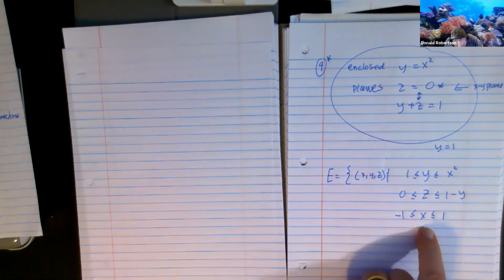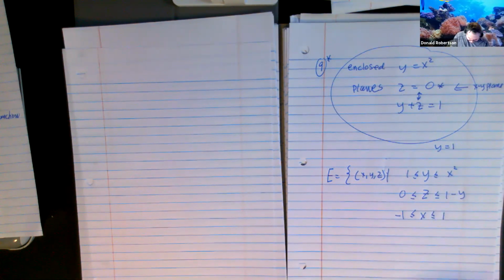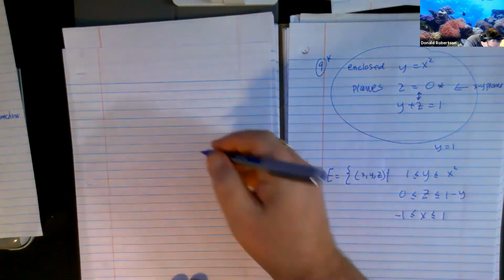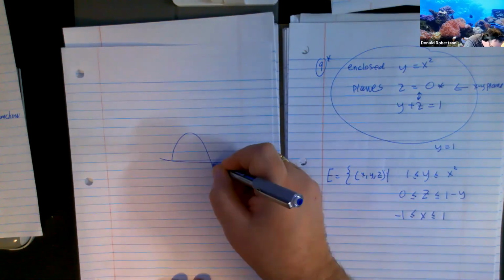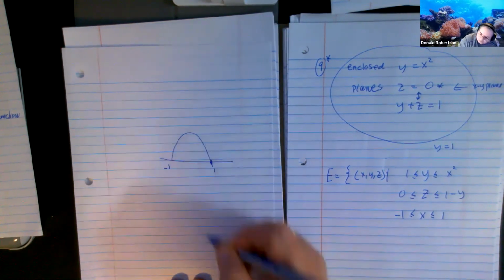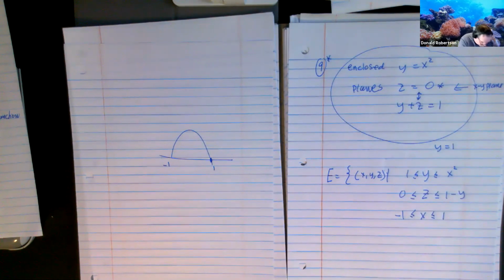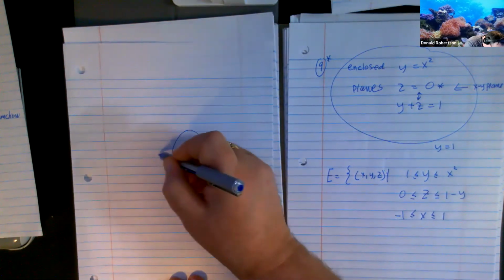If you plugged it into GeoGebra and you looked, what does that shape look like when it meets the x-axis? You'll find that on one side, you know the curve that I was talking about, the thing that looks like that, it goes from here to here on the floor.